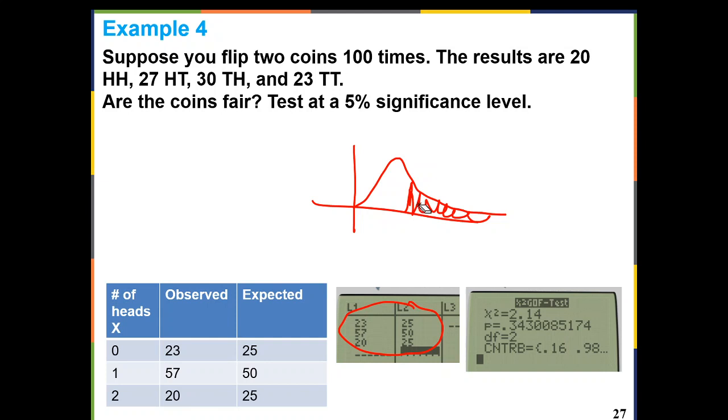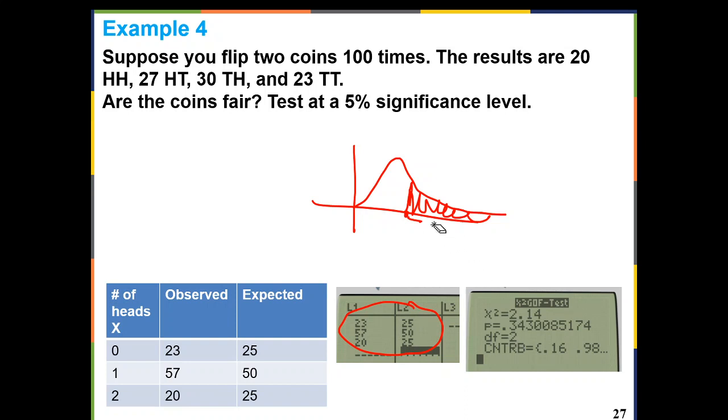That means just by chance, given that the coins are fair, we still would get numbers that different from what they were supposed to be. So this doesn't prove that there is something wrong, right? We can get numbers even that big or greater about 34% of the time.